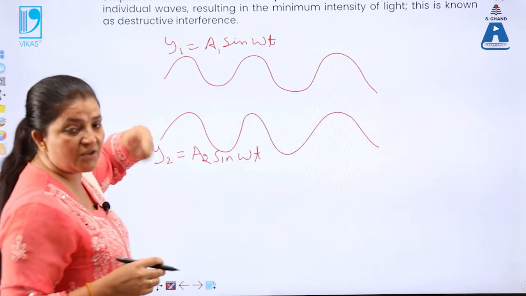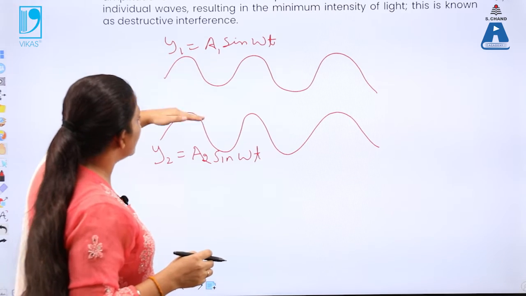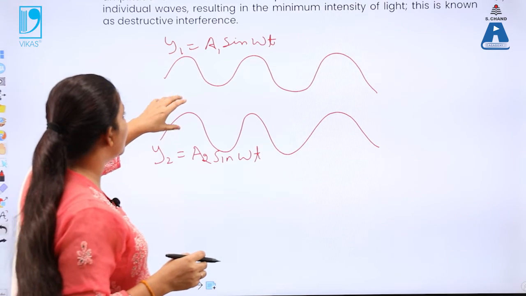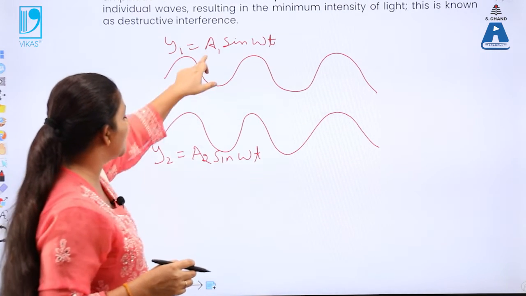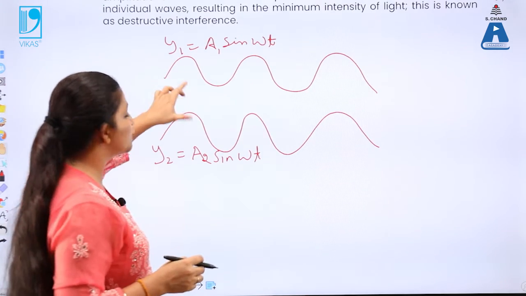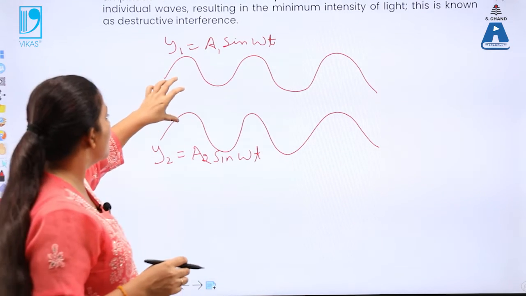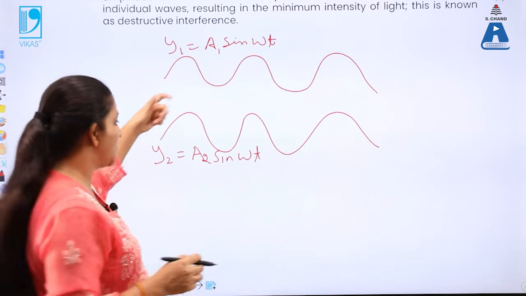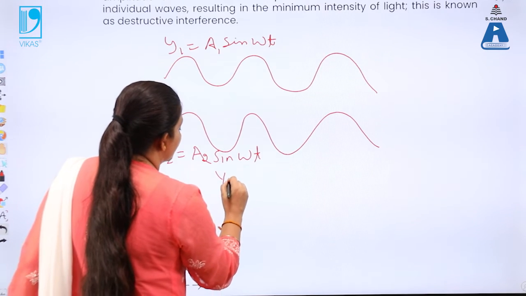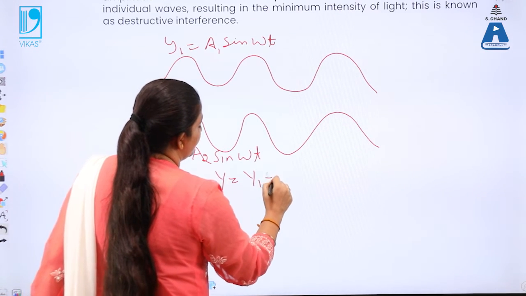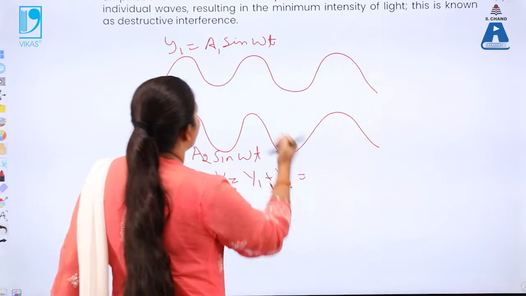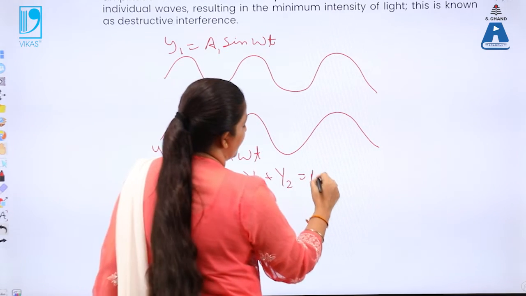Now in the constructive interference, the resultant of these two can be given by the sum of their amplitudes. Means when these two waves superimpose on each other, by applying the principle of superposition, the resultant equals y1 plus y2. Now on adding these two we will get this.